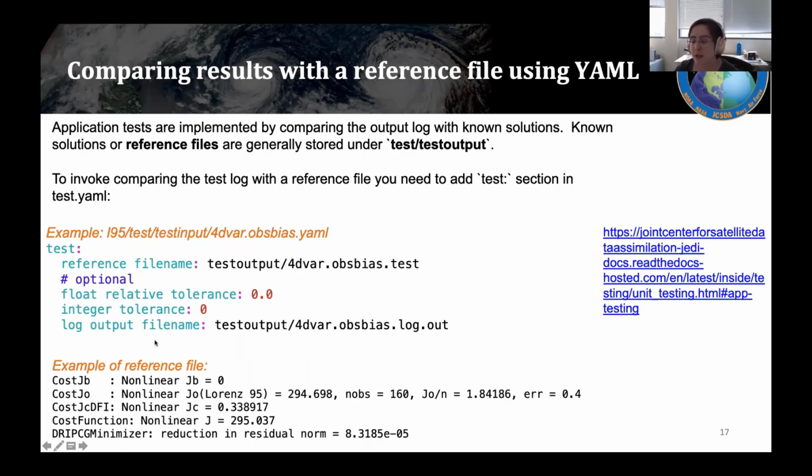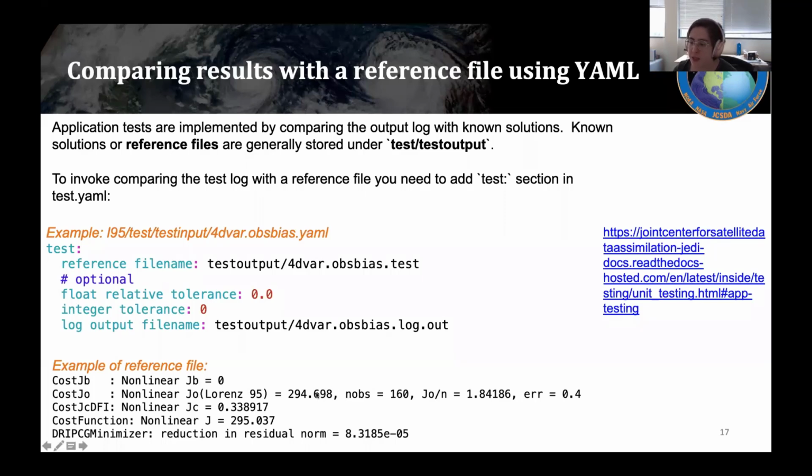Let me first show you what these reference files look like. This is an example of a section of the ops bias test reference file. You can see that there are strings and numbers there. You can see what the JO or JB has been after you run this test, or the number of observations, or the errors, or different kinds of values or statistics you will have there.